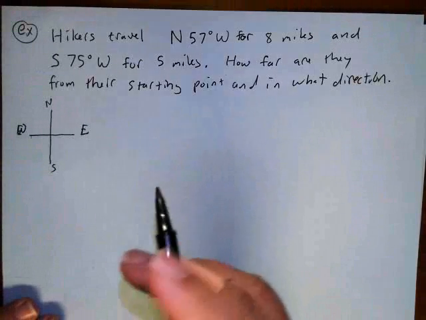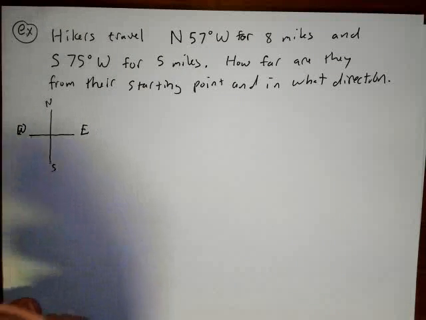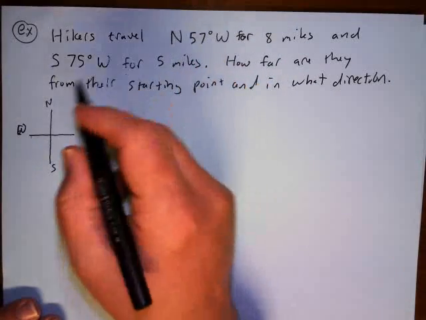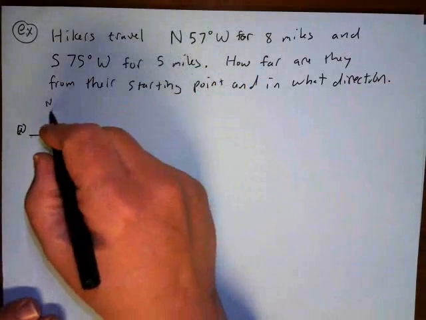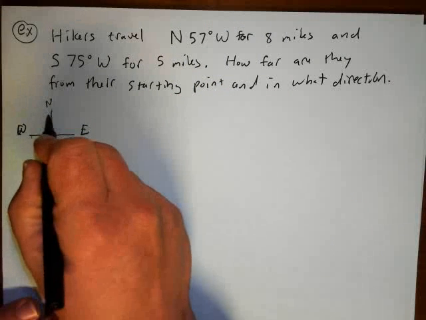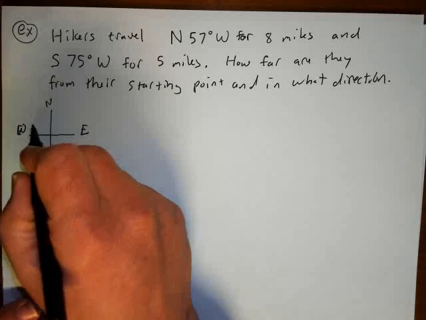I find this a little bit easier, and it's very intuitive when you think of a compass. So, for example, this is north, 57 degrees west. When you have north, it means you're measuring from the north, and you're measuring 57 degrees towards the west.